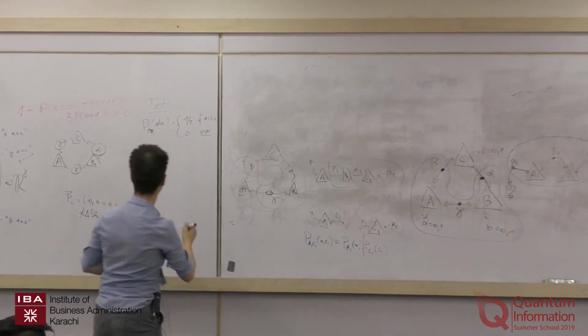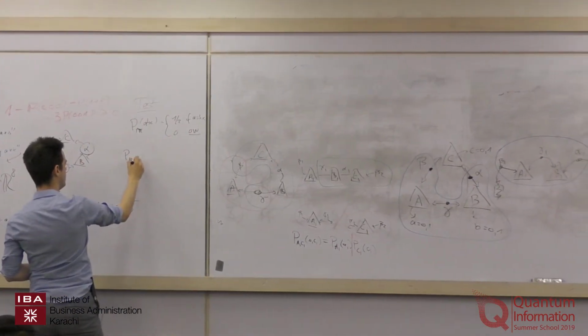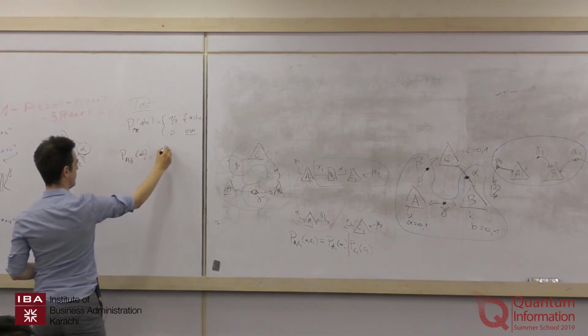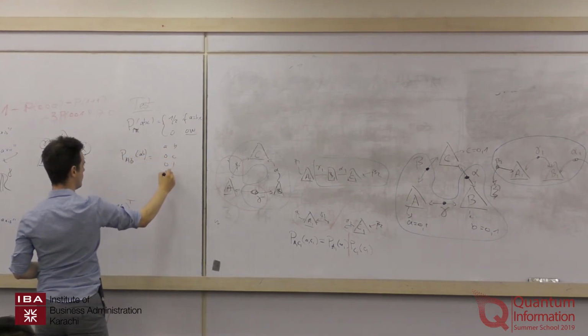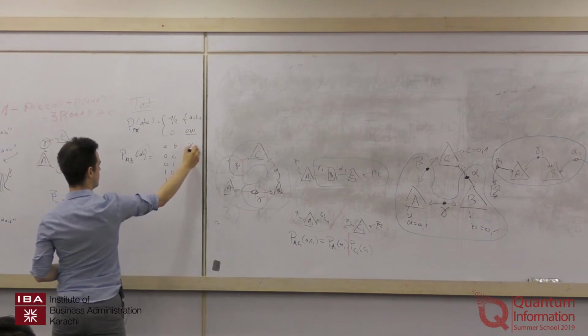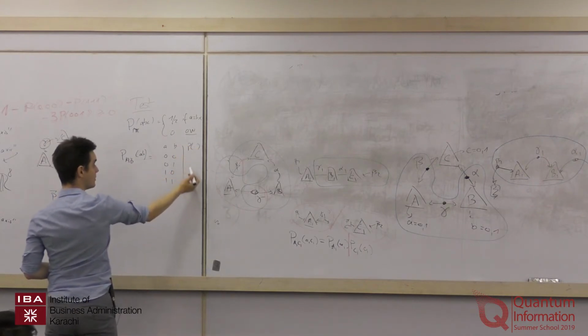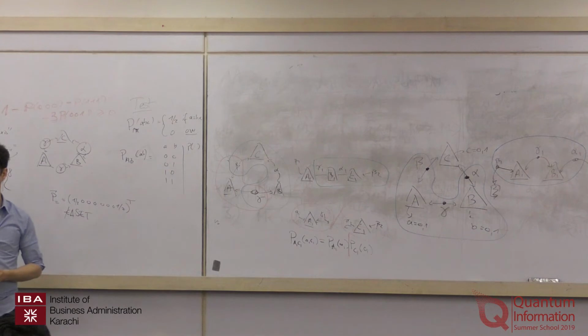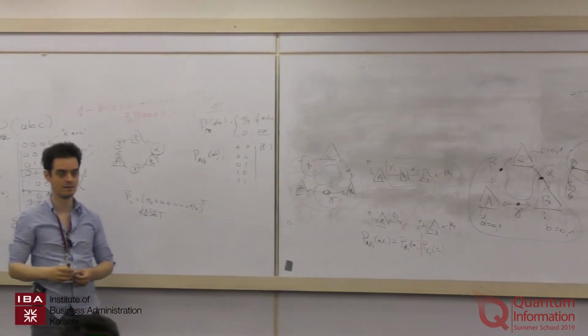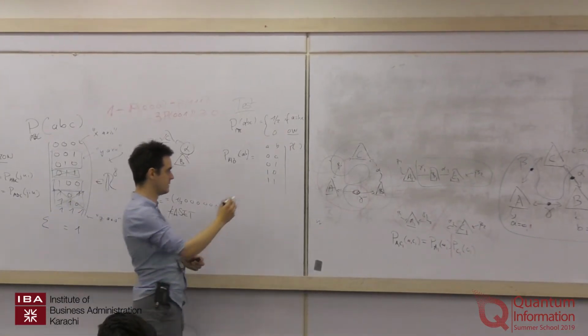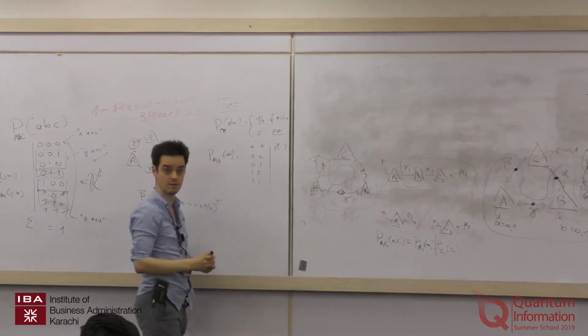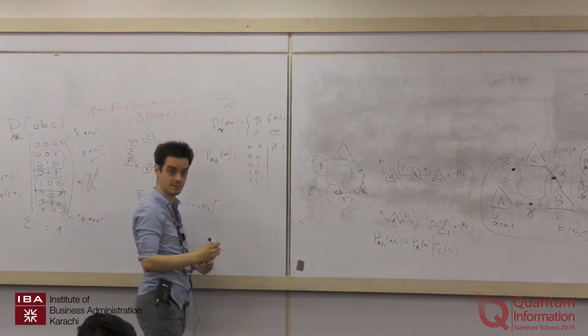What's its distribution? So if I write PAB of AB for AB 00, 01, 10, 11, and the probability will be on the right. What coefficient do I put there? So for 0, 0, and 1, 1, you want to put 1 over 6?